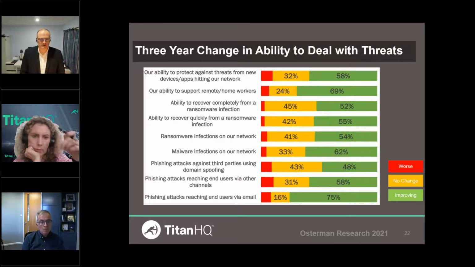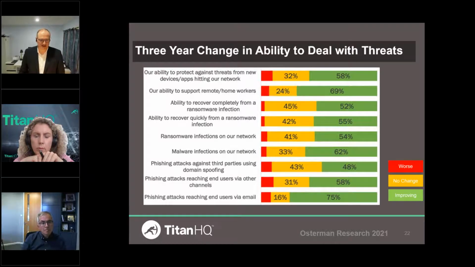There are also some concerns with this slide. The ability to recover completely from a ransomware infection, 48% said we've had no change or it's got worse over the last 3 years. And as we've seen ransomware increasing as a vector of attack and double, triple, quadruple extortion approaches being used, the standing still with this, while cyber gangs are definitely not standing still, is an issue of concern and risk for organizations.